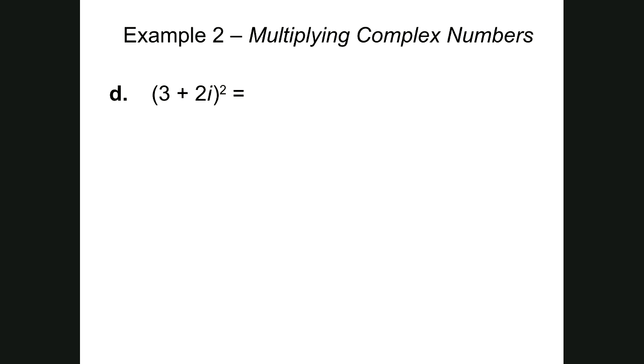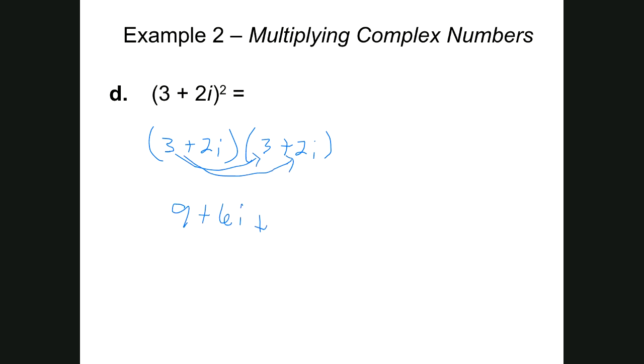So if I have 3 plus 2i squared, well, remember, that squared doesn't just square these things. You have to multiply it out. You have 3 plus 2i times 3 plus 2i. So if I multiply that out, FOIL, that gives me 9 plus 6i plus 6i plus 4i squared.